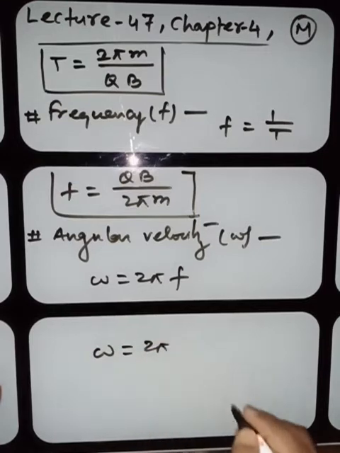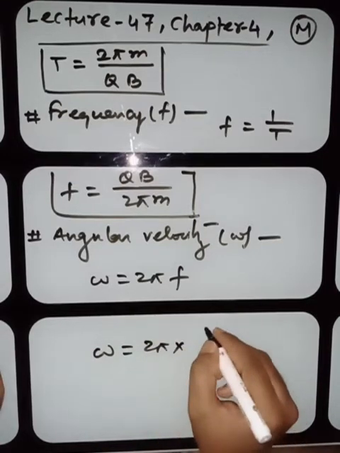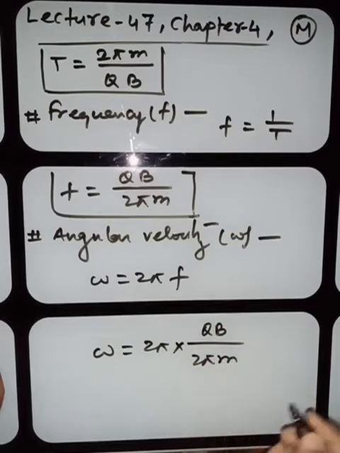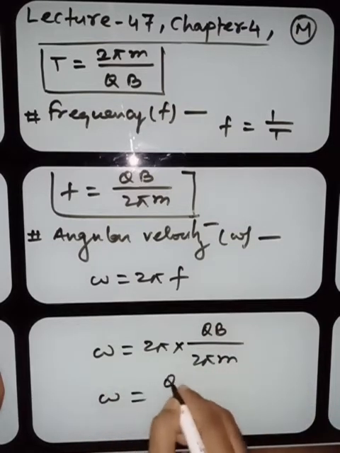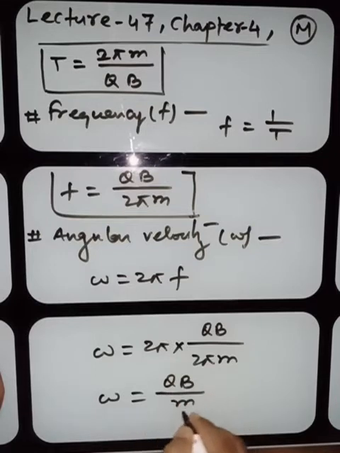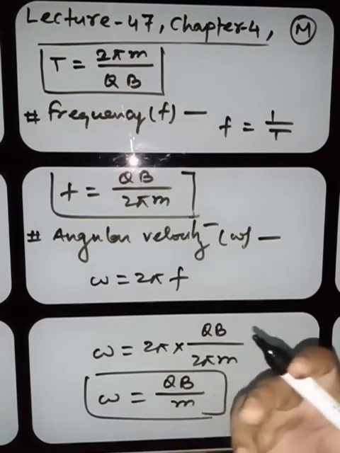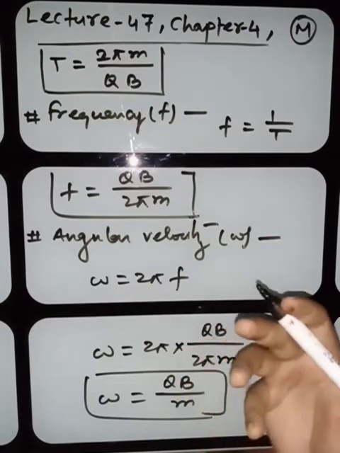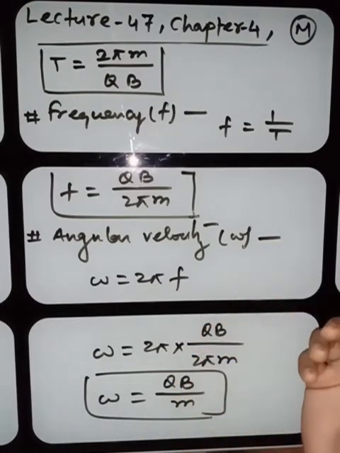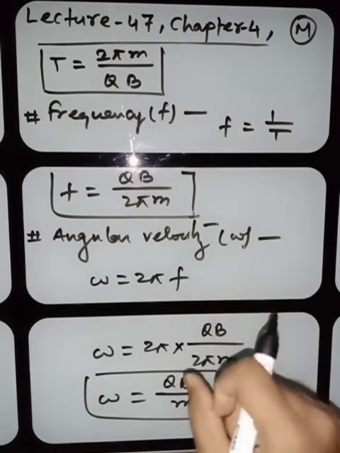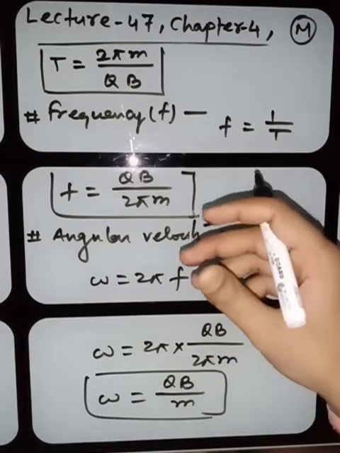With f already being qB by 2 pi m, the angular velocity is qB by m. This is the angular velocity, or the angular frequency, you can say.